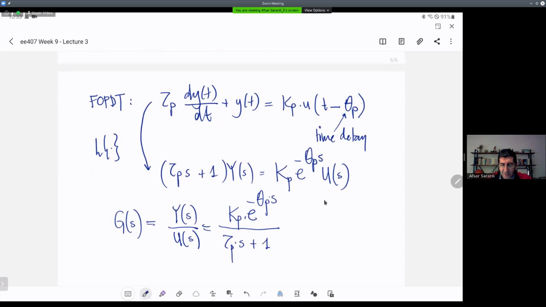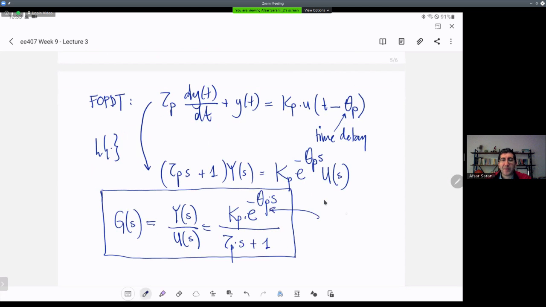So the difference from a regular transfer function is that we have an exponential term here, which is the correspondence of a pure time delay.